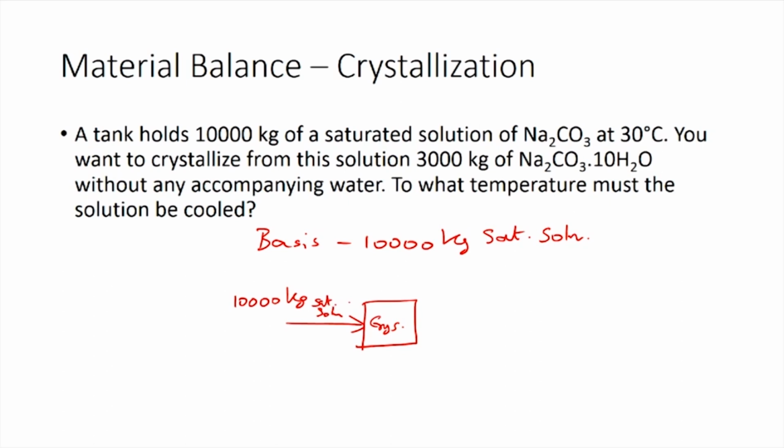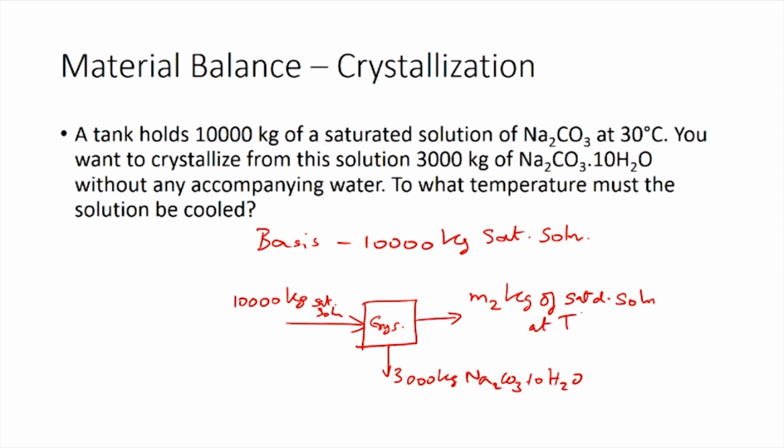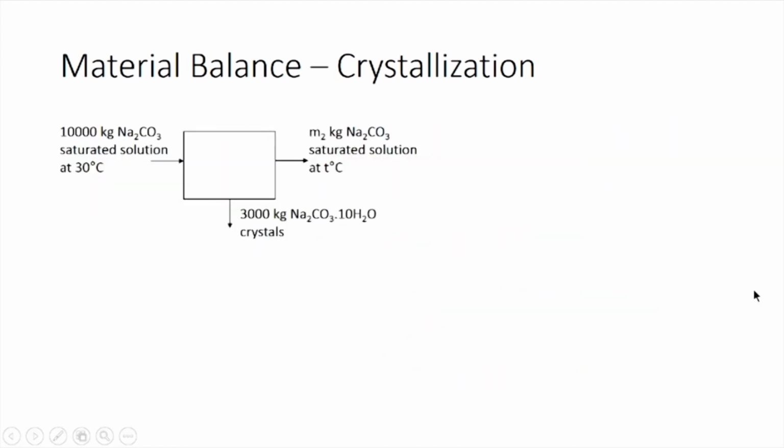The problem says that we will have 3000 kilograms of Na2CO3·10H2O leaving the system and the rest will be leaving in the form of solution. So, this would be a saturated solution whose mass we do not know. So, we will call it M2 kilograms of saturated solution at T degrees Celsius. As we do not know the temperature, we need to finally calculate what this T is. So, now we have the flow chart. Let us see if we can solve this problem.